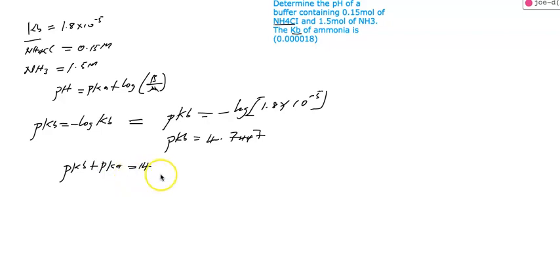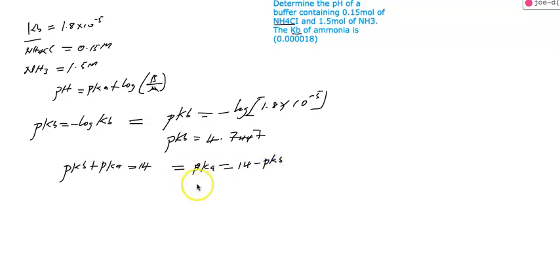Therefore, we can rearrange the equation and make pKa the subject, in which case we're going to have pKa equals 14 minus our pKb, which we've just worked out.